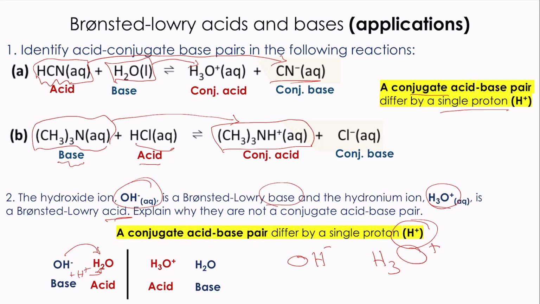Why? Because if I add a proton here, it will become H2O. It still needs another proton, so I have to add another proton to make it H3O positive. For that reason, OH negative and H3O positive are not a conjugate acid-base pair, because they differ by two protons, not a single proton.